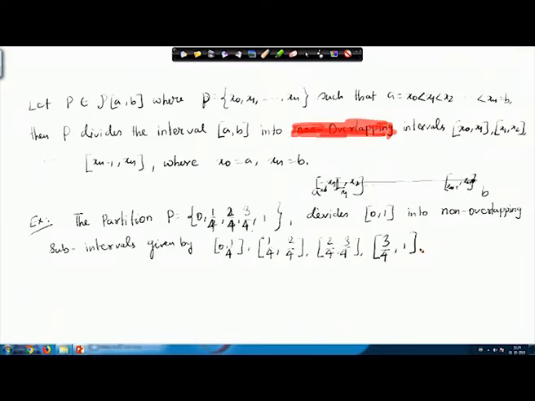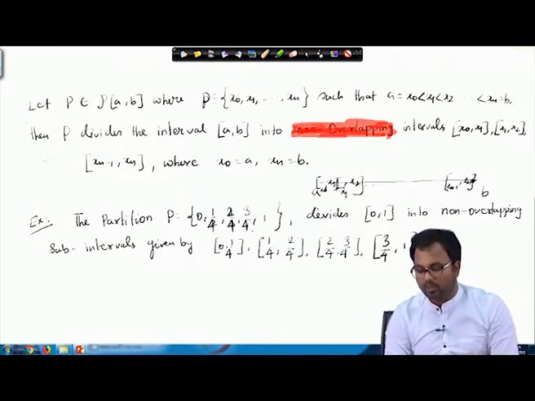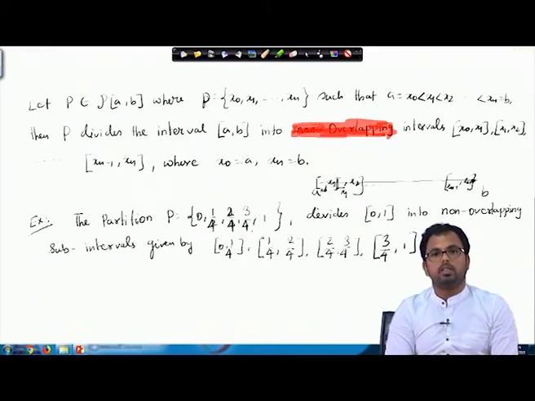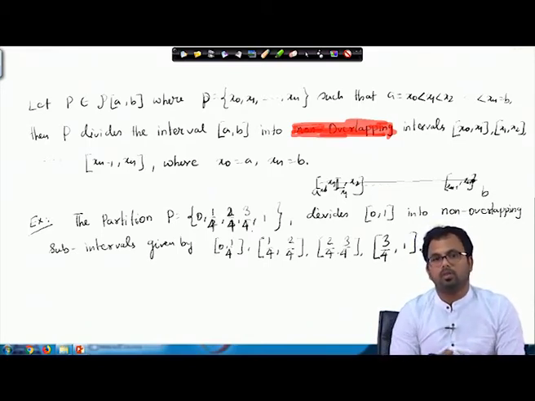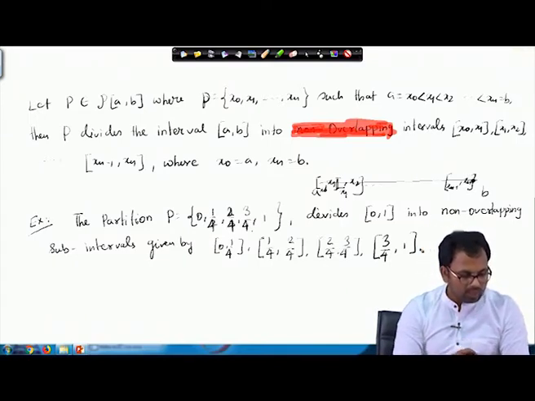So this partition P, which has points 0, 1 by 4, 2 by 4, 3 by 4, and 1, will divide the interval 0, 1 into non-overlapping subintervals given by these 4 subintervals. So this is an example of a partition for the interval 0, 1.